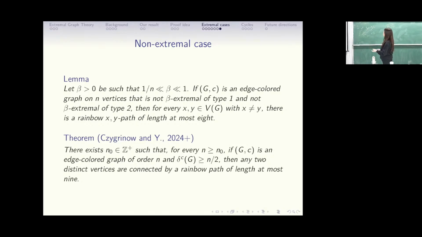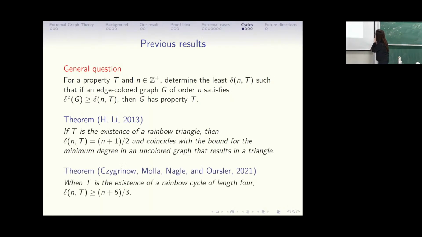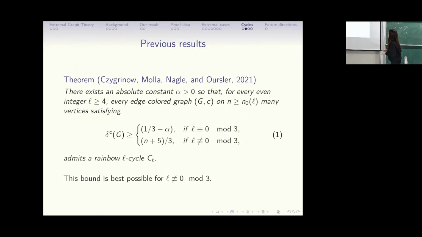So that's about paths. And recall that I mentioned the existence of some cycles, and because I put this in my abstract, I have to keep my word. So there's also previous work on the degree condition for the existence of even cycles.